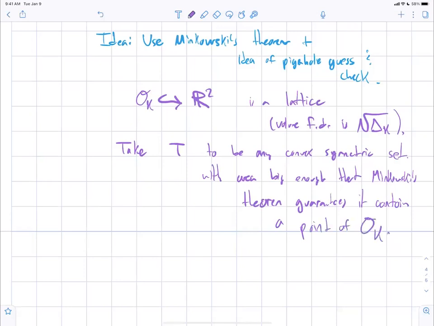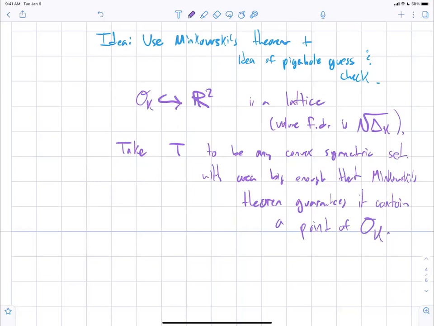Minkowski's theorem here means not the Minkowski bound, but the theorem that says if you had a lattice and a convex symmetric region of area, here I guess we need it to be 4 times the square root of the discriminant, then it's always going to contain a non-zero point of the lattice.